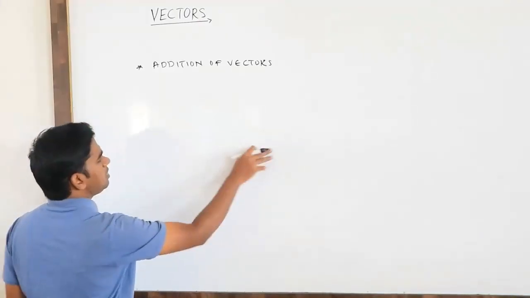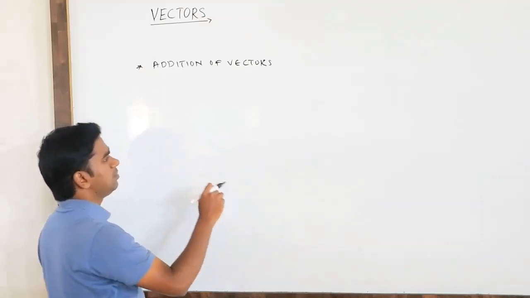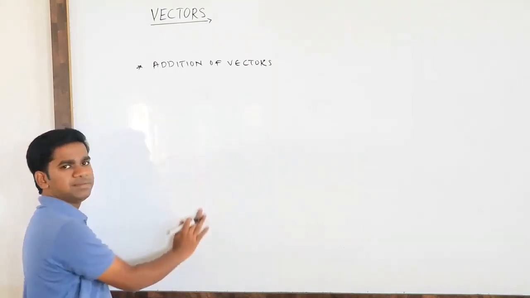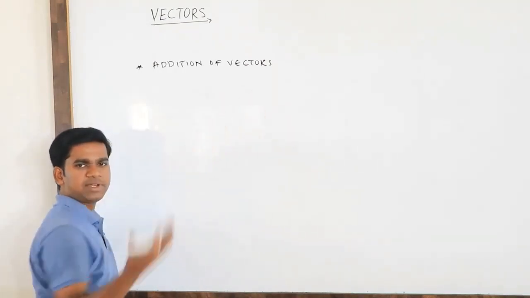So we will go with the second property. Before giving the statement, I will take an example, and then we will come to the statement of what exactly it is.